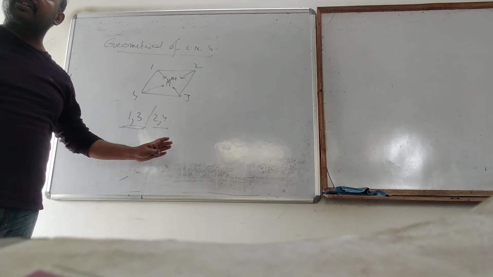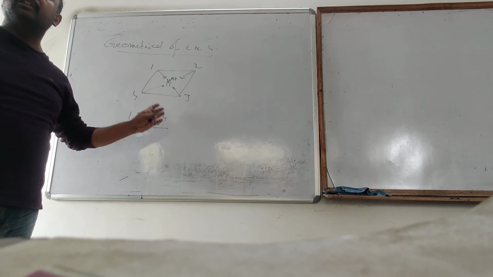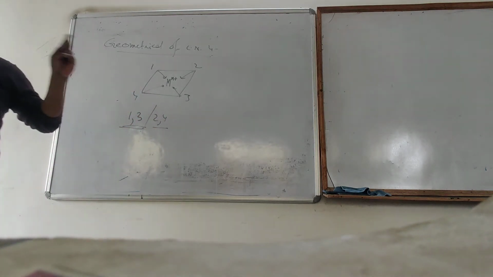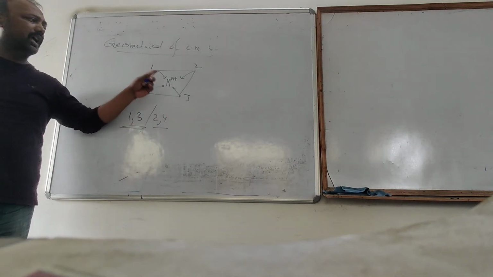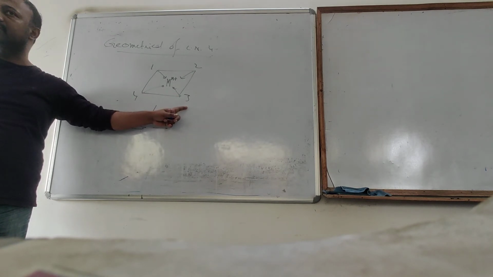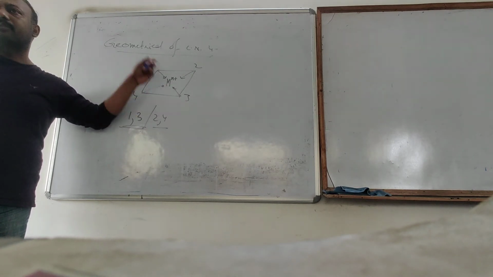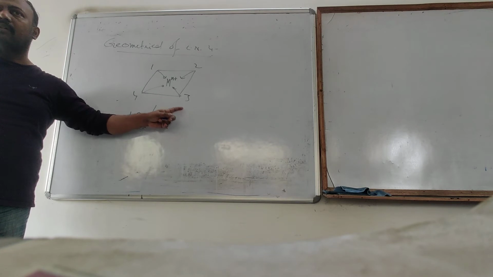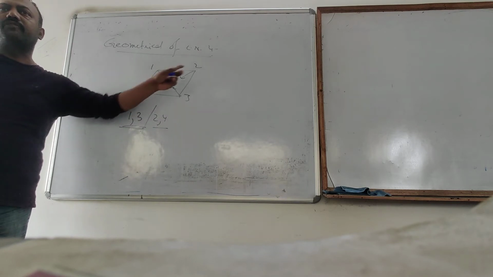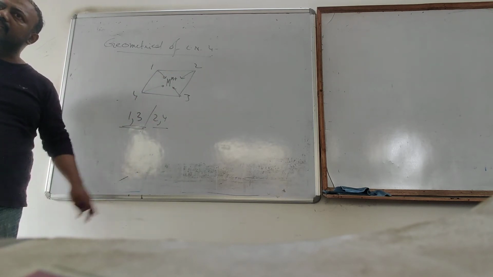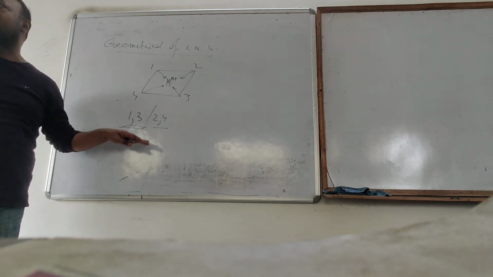Can you please repeat? Yes. If the same ligands are placed at 1 and 3, they are on the opposite side, and that is trans. Or if they are placed at 2 and 4, they are opposite, so these two pairs are the trans pairs.